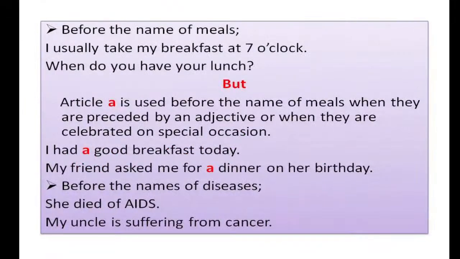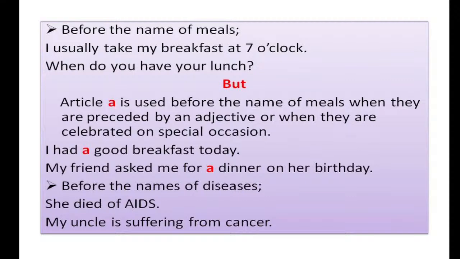Before the names of meals, I explained already, I usually take my breakfast at 7 o'clock. Here breakfast is not taking an article, but in: I had a good breakfast today, an adjective is being used in front of breakfast, so we are using a. Likewise, when do you have your lunch? Your lunch is not taking what? Article.